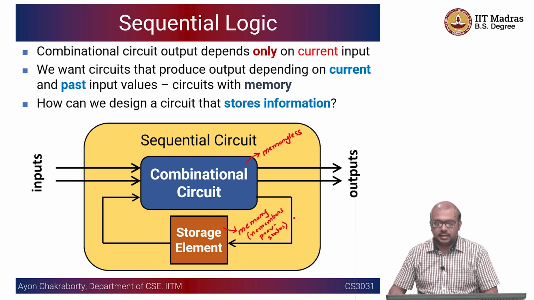Typically in sequential logic circuits, we will use the word state a lot. It could be case specific, we can define what exactly it means. It could be a collection of the different outputs that it has, or inputs plus outputs and so on. Here let us see how we can start with designing an element which can store information.